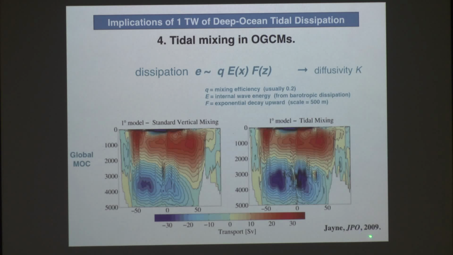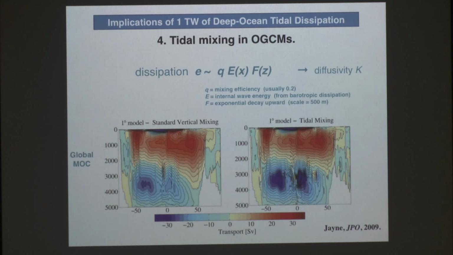This was published in 2009, in which he took a standard, I think a fixed diffusivity for the whole global ocean and compared that with one in which he used the dissipation of the barotropic tide to change the diffusivity and to put mixing where the barotropic tide was losing energy through some relation like this, where you have some kind of mixing efficiency, and this E is where the barotropic tide is losing energy, and then this F is where you put the energy within the vertical.